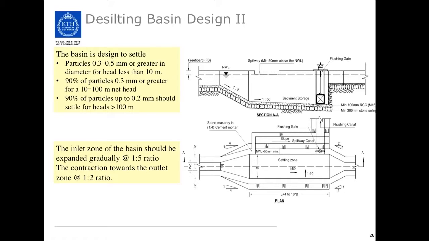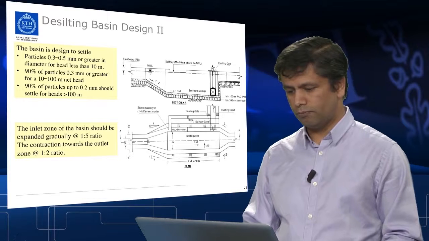If you have head less than 100 meters, then we try to settle down particle sizes of 0.3 and above. And if you have a head of only around 10 meters, then we are less concerned about these particles, and we try to settle down particle sizes from 0.3 to 0.5 mm or greater.